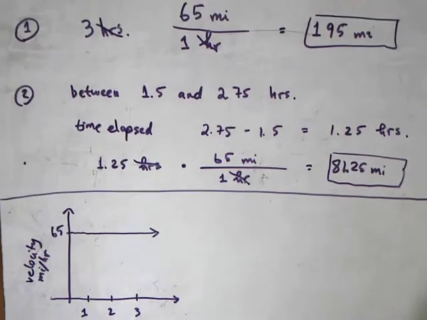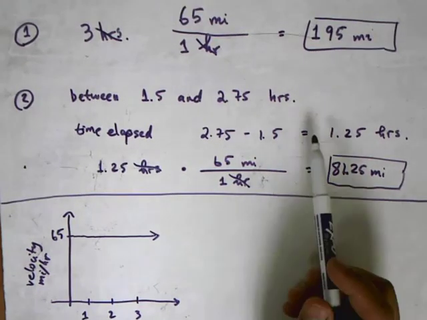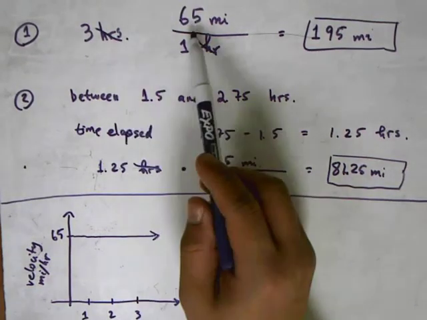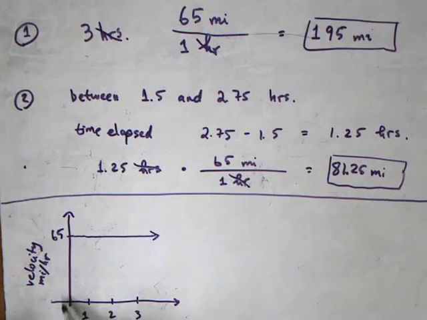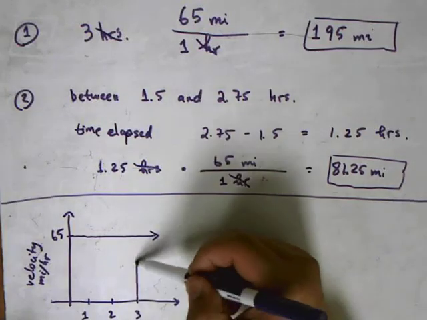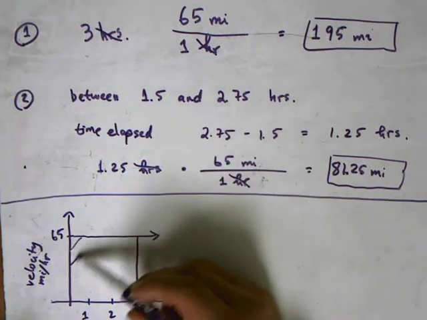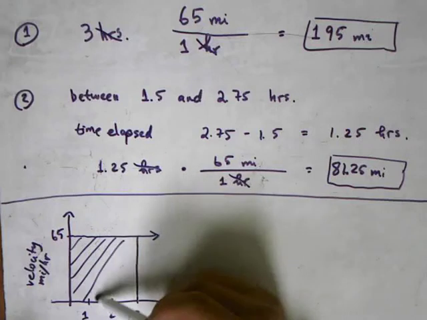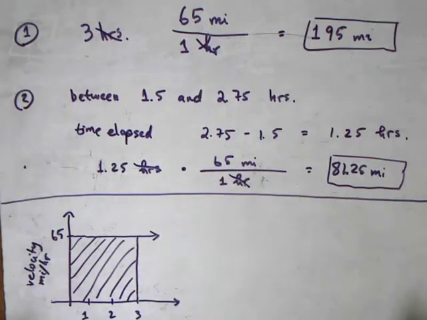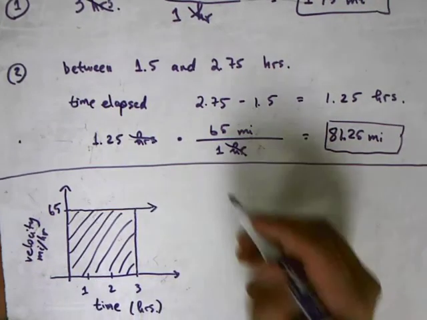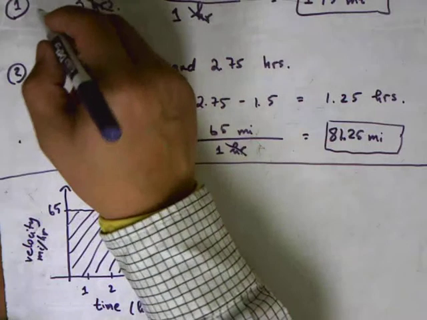So in our first problem, number 1, what we really did was take 3 times 65. So we essentially found the area underneath the graph. So this is the algebraic interpretation.